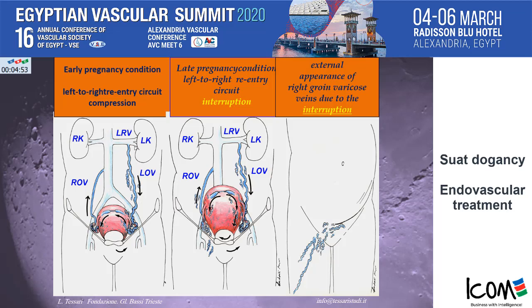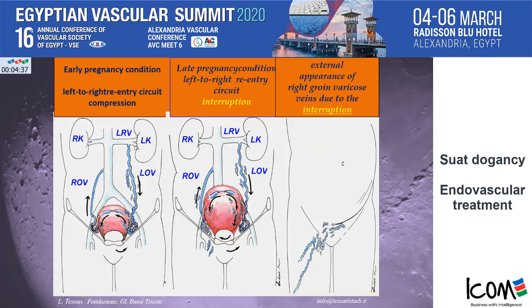During pregnancy, the blood goes from left to right and returns to the vena cava with the right ovarian vein.